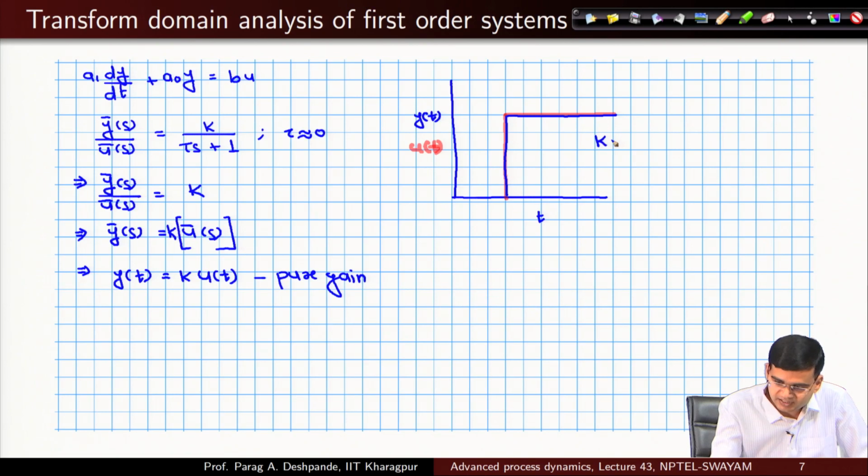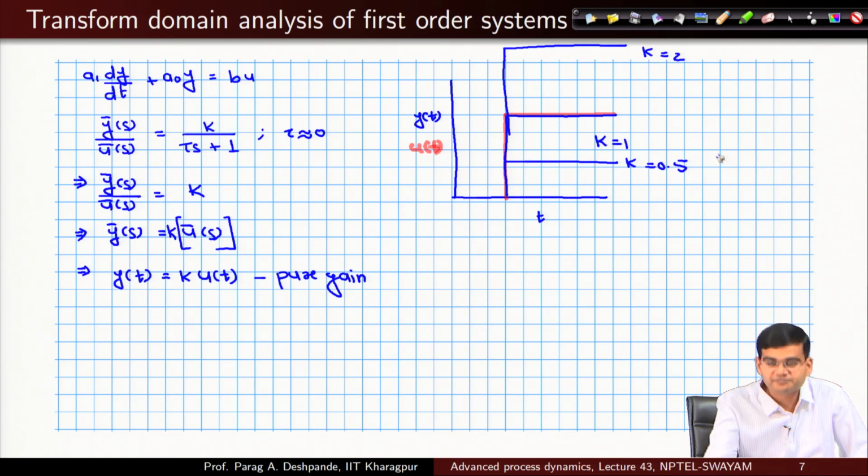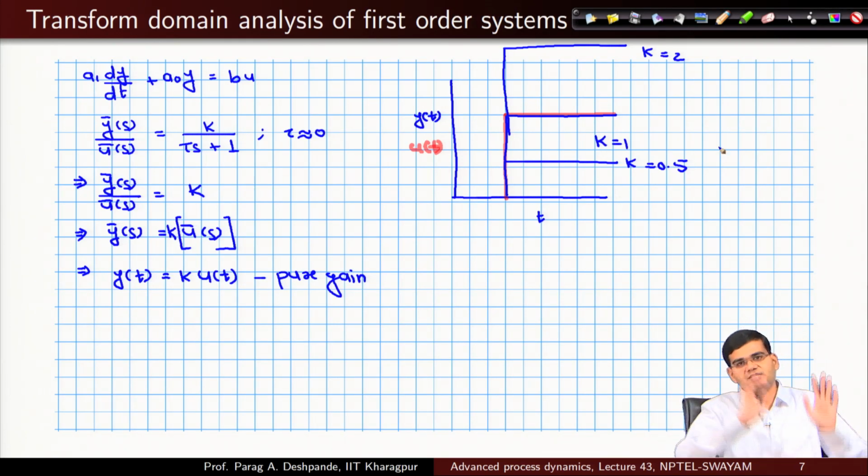For k is equal to 1, this would be this, for k is equal to 2, this would be this, for k is equal to 0.5, and so on. There will not be any delay between the input and the output.